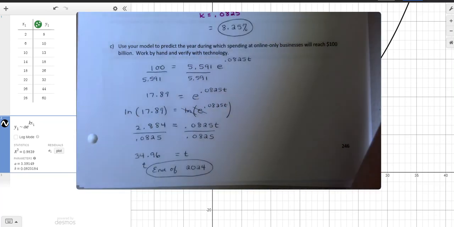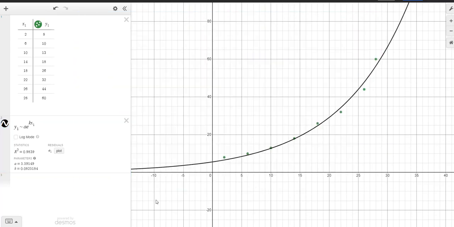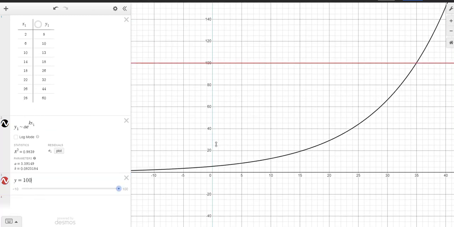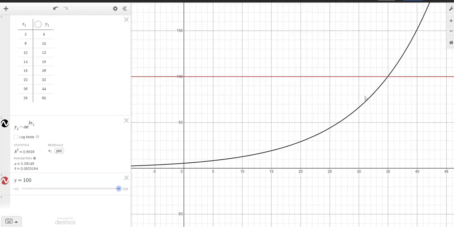If we wanted to just check that out with technology as well, we could come back over here, and I'm going to get rid of all the points here and just add the y equals 100 line, since we're predicting $100 billion spent. And there it is. There's that 34.95. Very close to what we got by hand. Again, they've used a few extra decimal places.